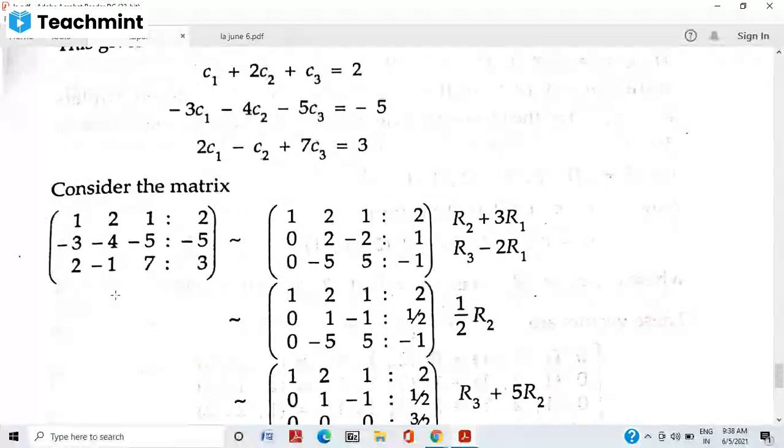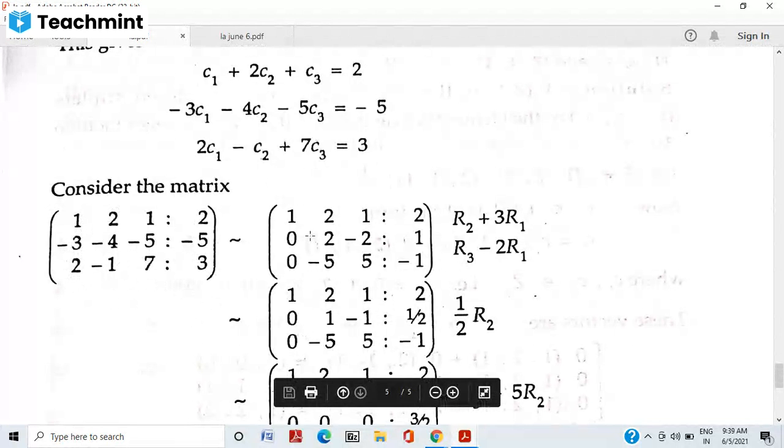Then after getting this, we should change into row reduced echelon form. For that, we have to change these two, minus 3 and 2, as 0. Then what is that one method? How we will change? R2 plus 3R1. Then R3, how we change? R3 minus 2R1. Then what we get?